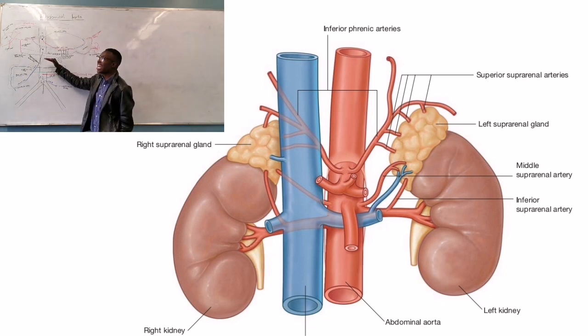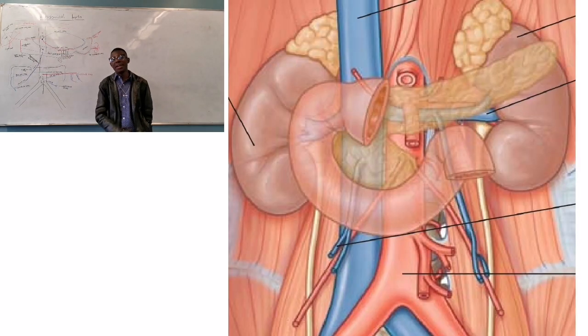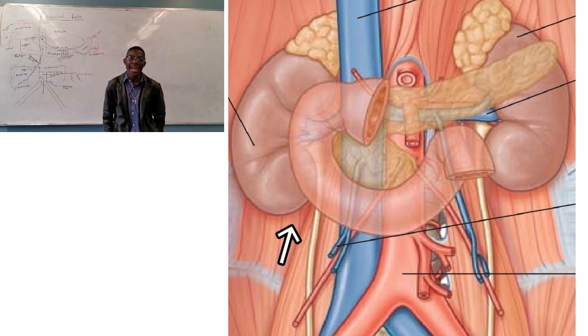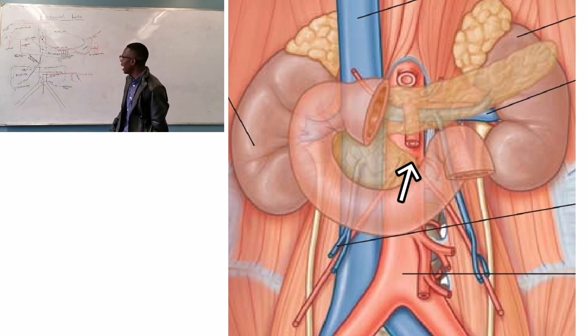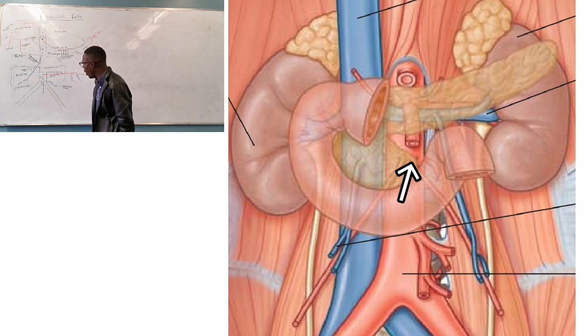Right. So as we go down, we are now at level L2. At L2, we are going to have what we call a gonadal artery. Meaning in females, it's going to be called an ovarian artery, and in males, it's going to be called a testicular artery.